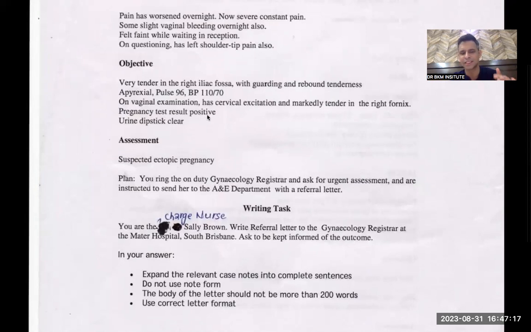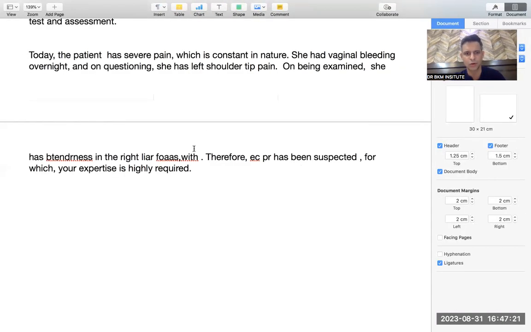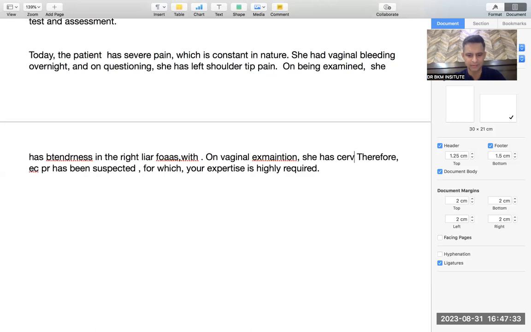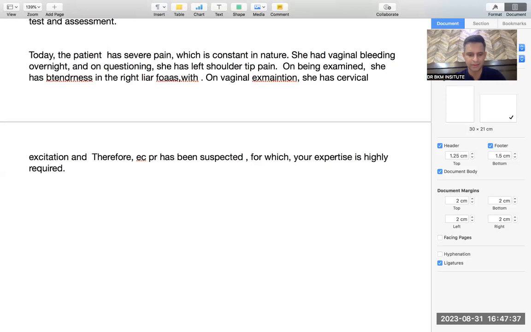Her pregnancy test is positive. So these are the two lines I would like to write. So I'm just copy pasting again. Again, copy pasting on vaginal examination, she has cervical excitation and tenderness in the right fornix.